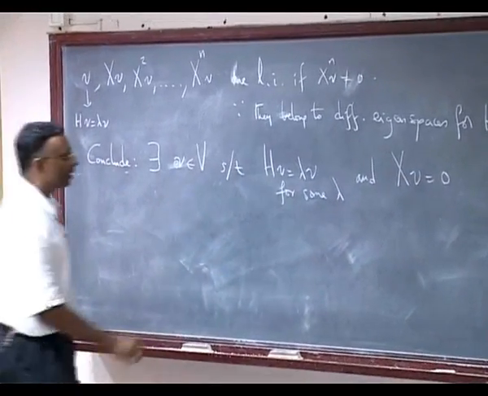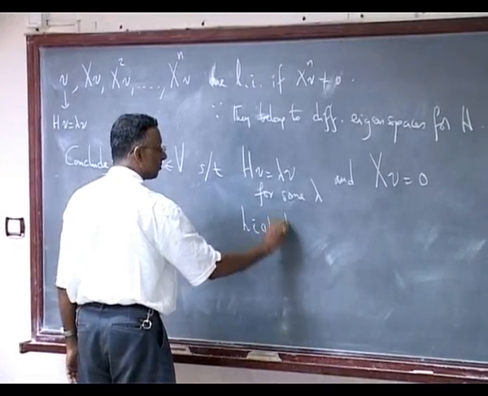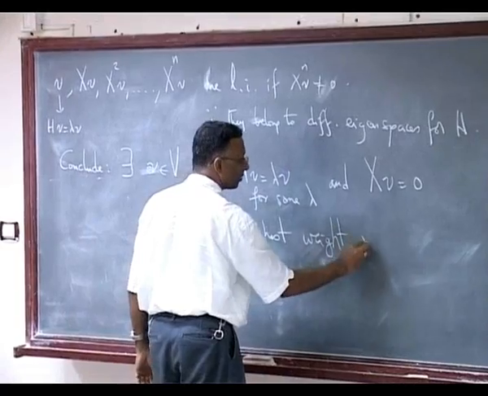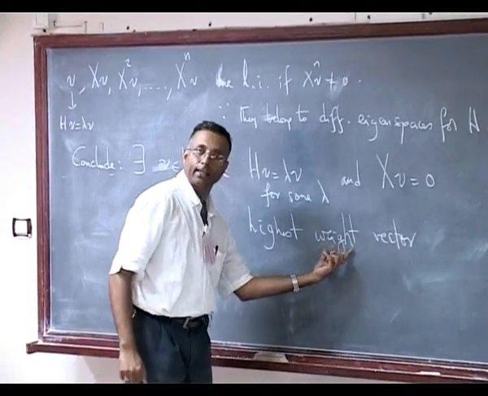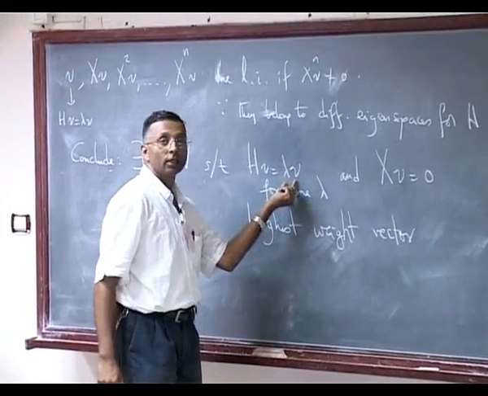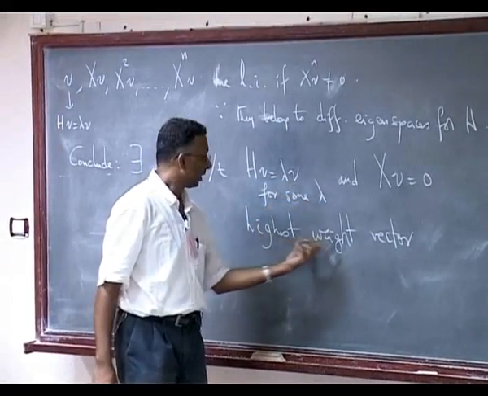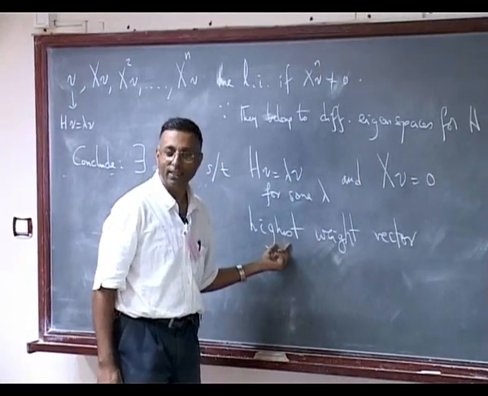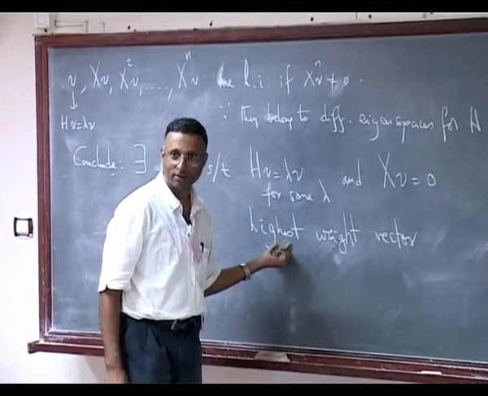Such a thing is called a highest weight vector. The word weight refers to the eigenvalue for H. And why this is called highest will become clear as the course goes on.